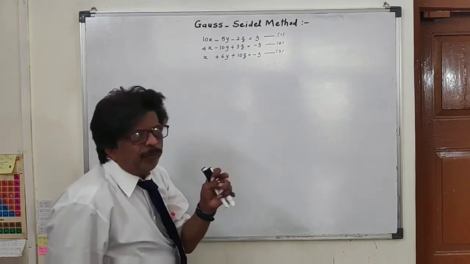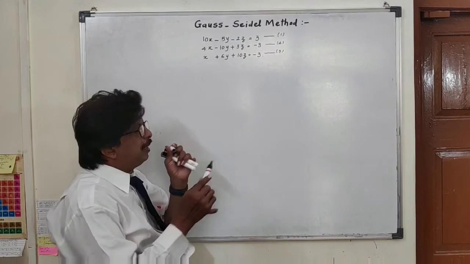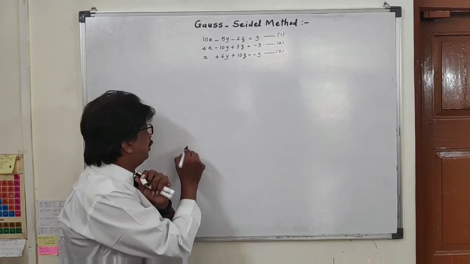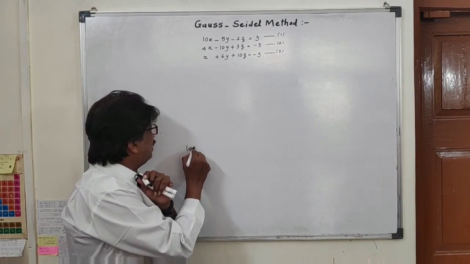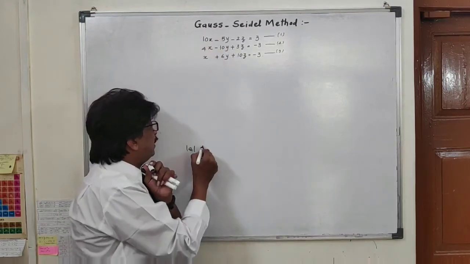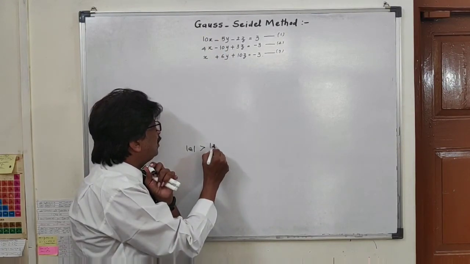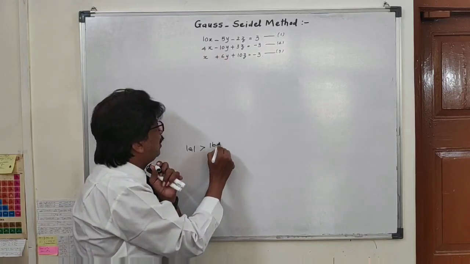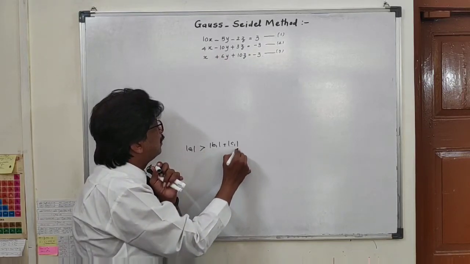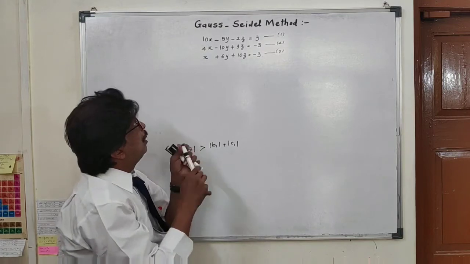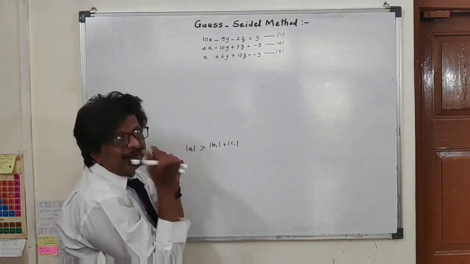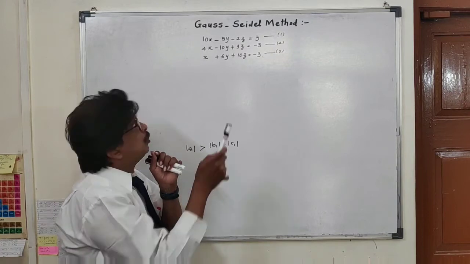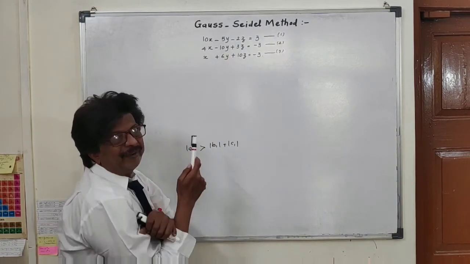The system is said to be diagonally dominant if and only if mod of a1, this element 10, is greater than mod of the other elements b1 plus c1. 5 plus 2 is 7. So 10 is greater than 7.